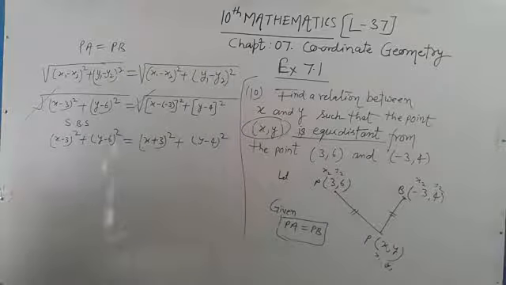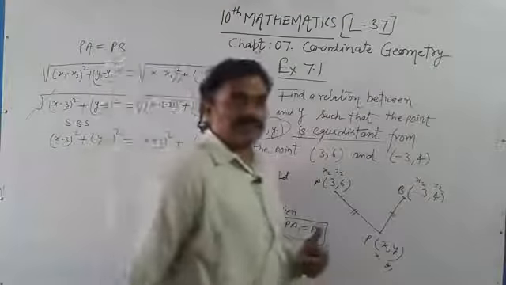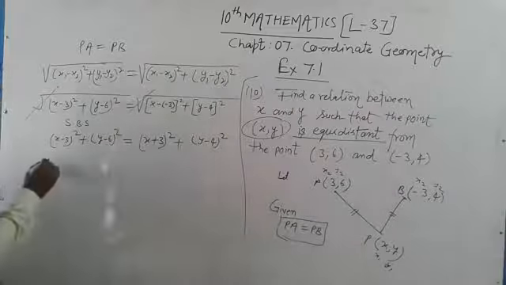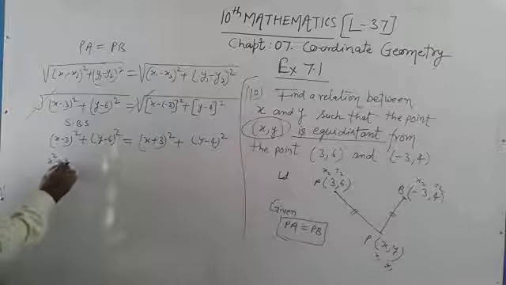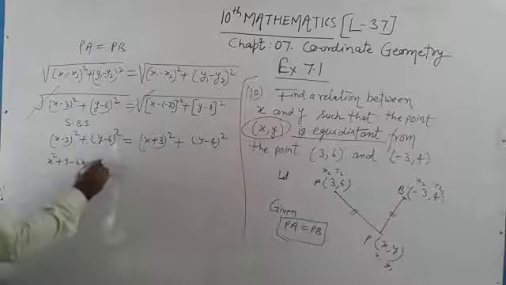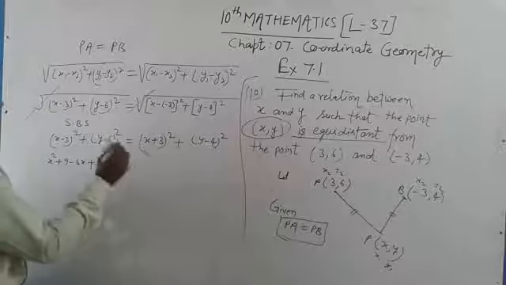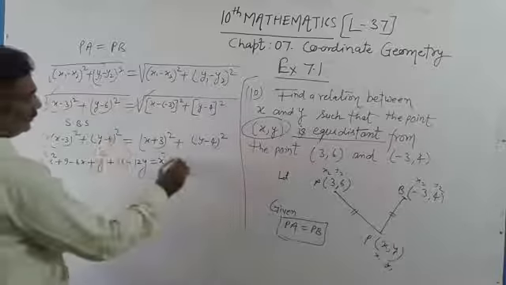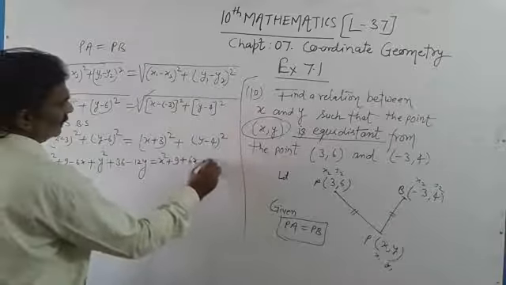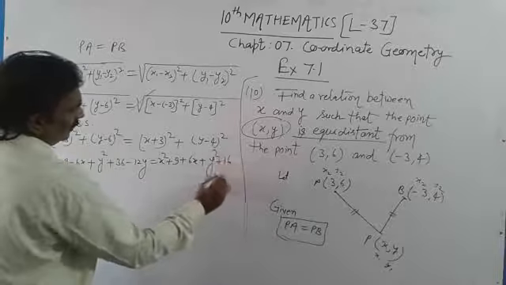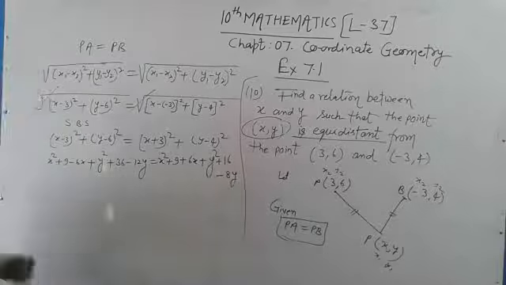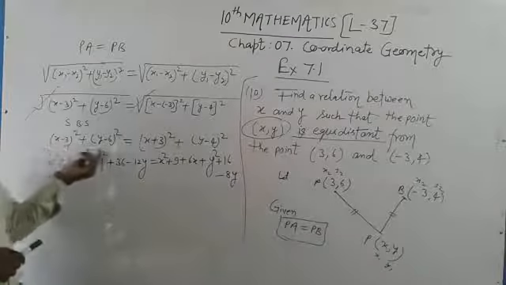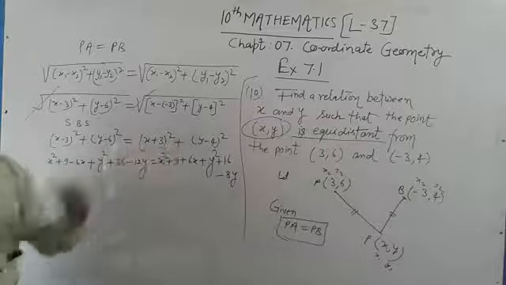Okay students, now we will use formulas like (a plus b) whole square and (a minus b) whole square to expand these terms. Now we get x square plus 9 minus 6x plus y square plus 36 minus 12y is equal to x square plus 9 plus 6x plus y square plus 16 minus 8y. So students, in this step we have opened the brackets using (a minus b) whole square and (a plus b) whole square.